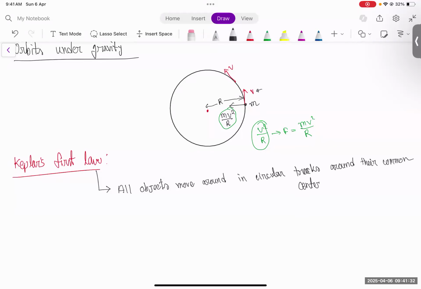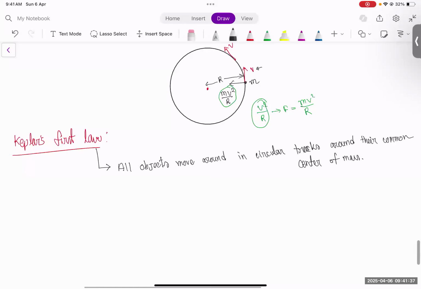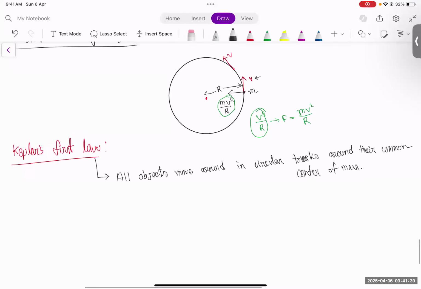Now what is center of mass? We should all have a rough idea of center of mass. It's basically defined like this: the sum of m_i r_i divided by the sum of all m.